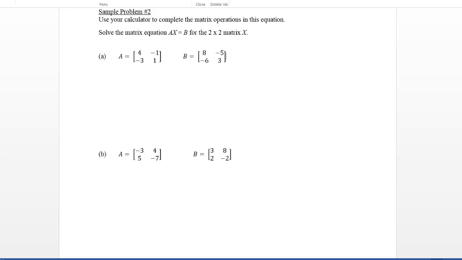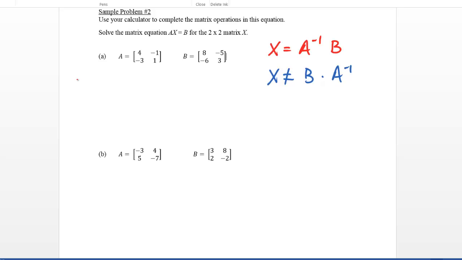And so we know from that previous algebra statement that X equals the inverse of A times B. Now, it's very important that you understand that it should not be set up like this. The inverse of A has to come before the matrix B, otherwise you're going to get an incorrect answer.